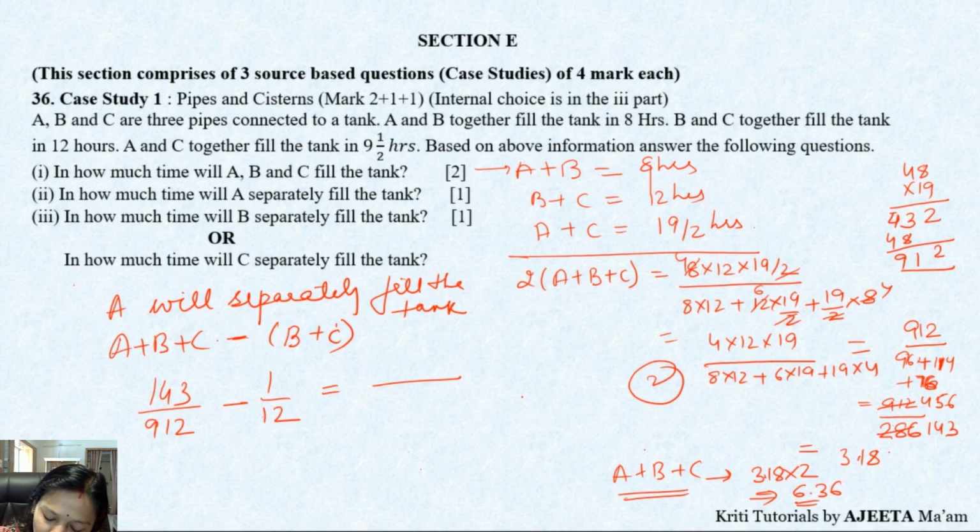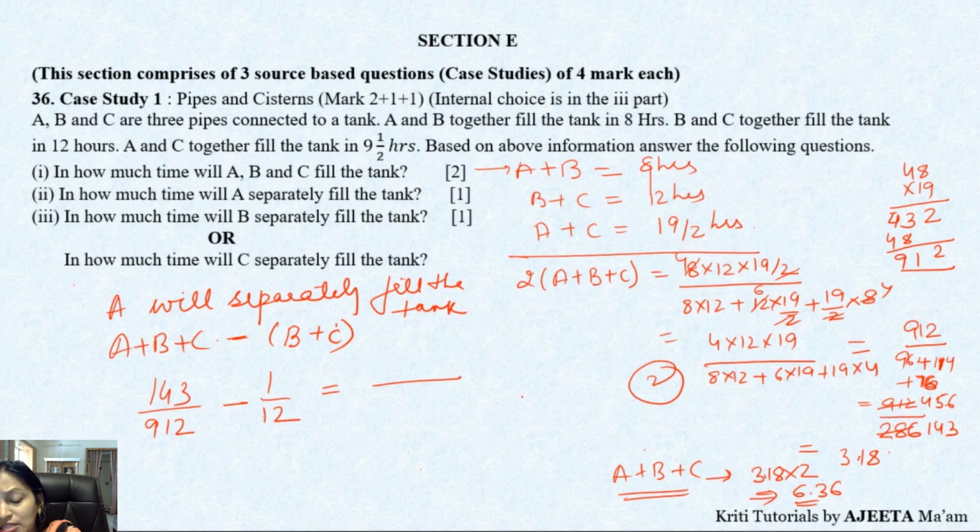So 912 and 12. Let's take the LCM now. Now it has calculations because it says in decimals. If it would not have been in decimals, then we would not have this much issue.